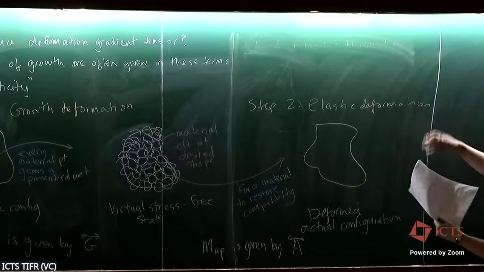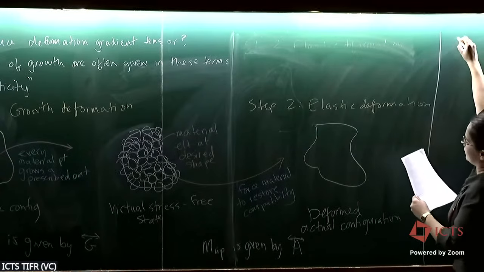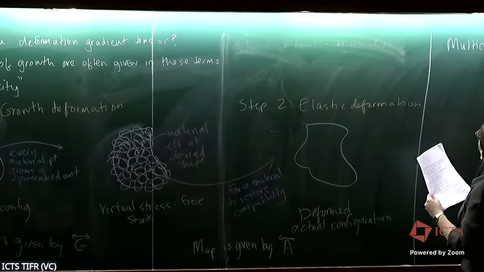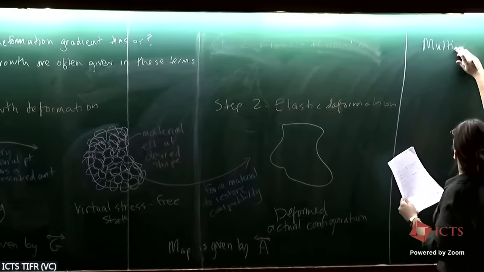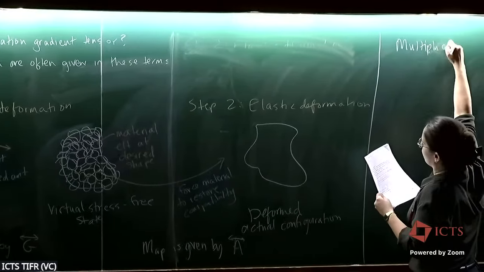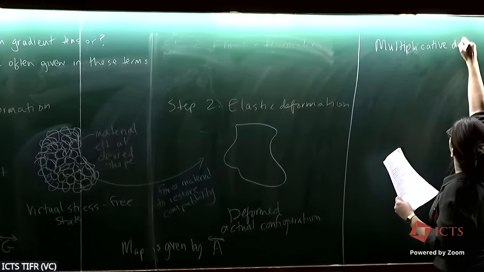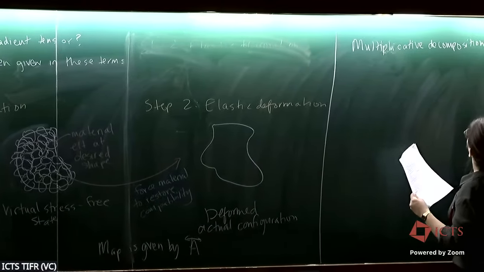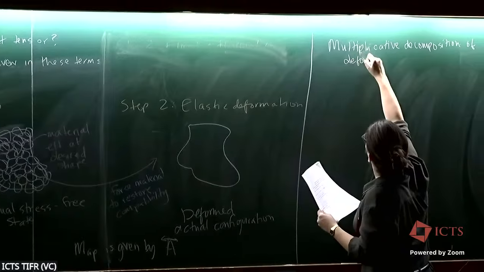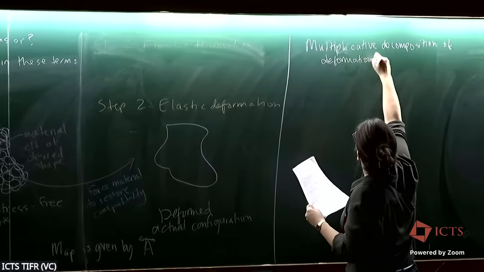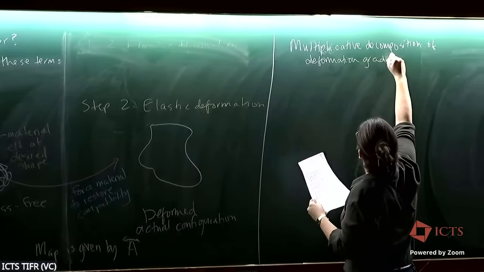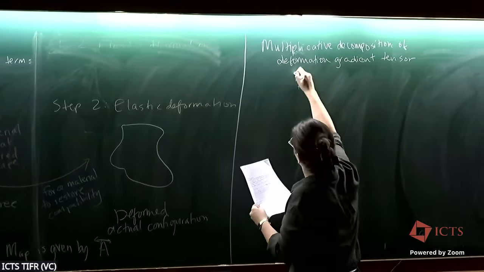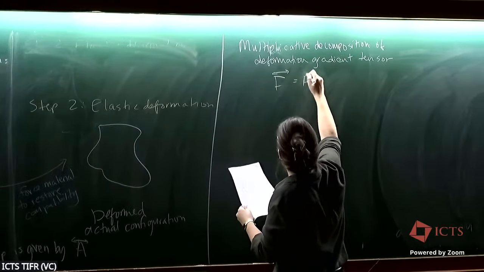And then, according to this theory of morphoelasticity, we can then assume that there is a multiplicative decomposition of the deformation gradient tensor, such that F is equal to AG.